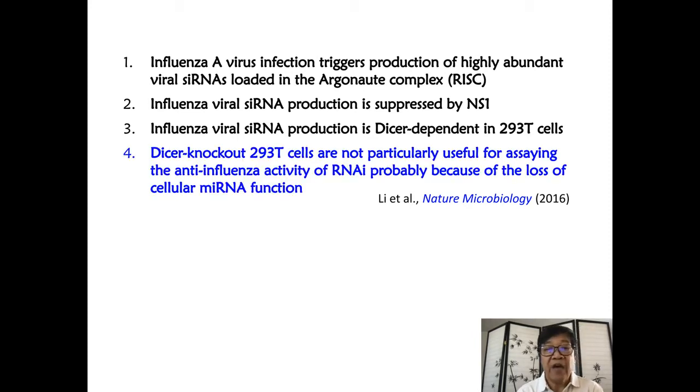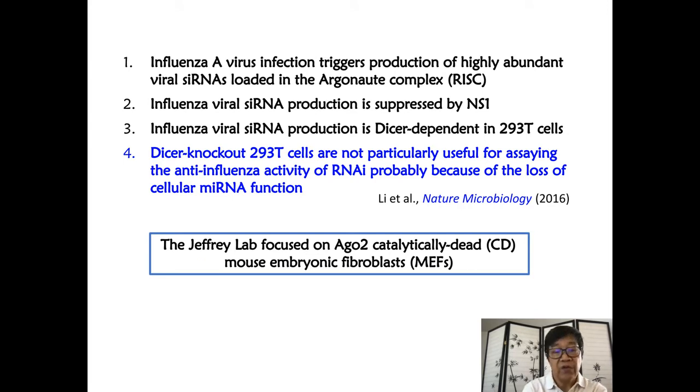Unfortunately, we find these DICER knockout cells are not very useful for assaying the anti-influenza activity of RNAi, probably because those cells do not make most of the cellular microRNAs. And it is perhaps for this reason the Jeffrey lab focused on Argo2 catalytic dead, or Argo2 CD, mouse embryonic fibroblast cells.